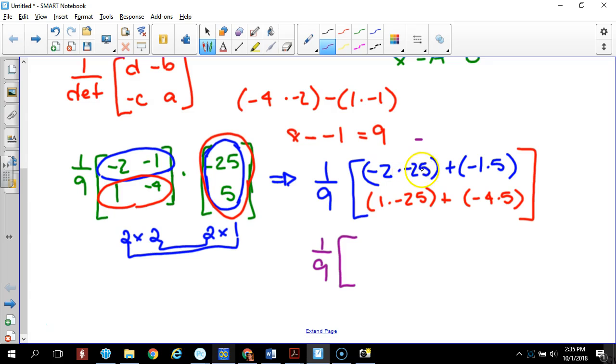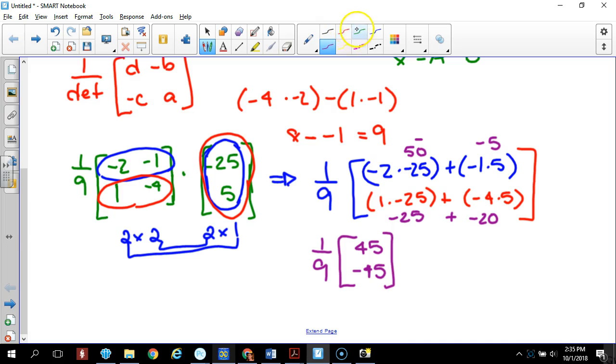I have -2 times -25, so that's going to get me +50. -1 times 5 is going to get me -5. So now I have 50 minus 5, so that's 45. Here I have 1 times -25, so -25, plus -4 times 5, so -20. So now I have -25 plus -20, so that gets me -45.